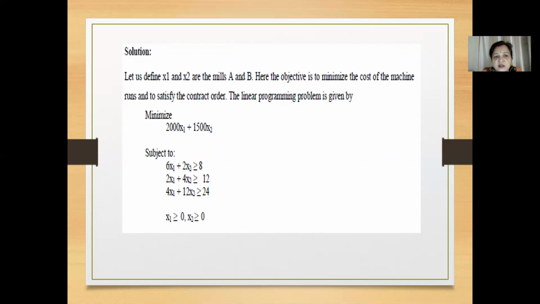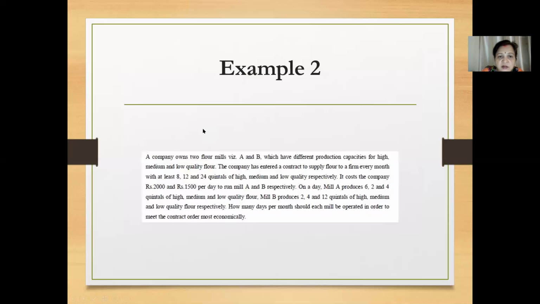Hence, we have to satisfy the linear programming problem given by 2000x1 plus 1500x2. x1, x2 define the number of days which are required to run mills A and B. And the cost for running mill A is 2000 and the cost for running mill B is 1500 per day.